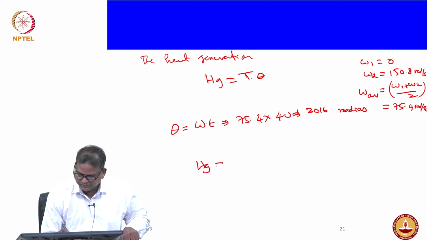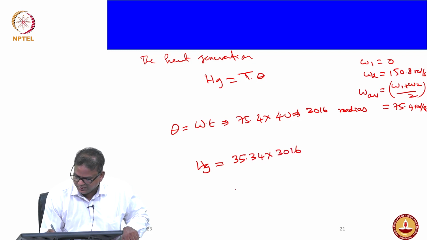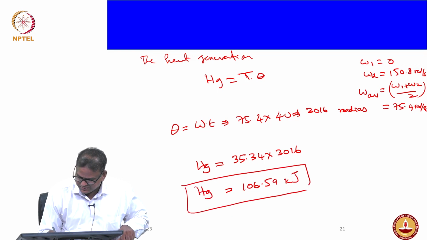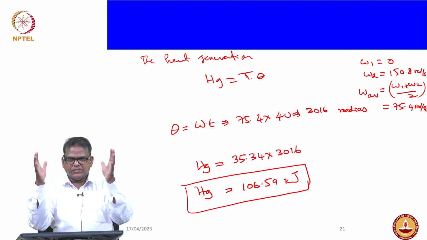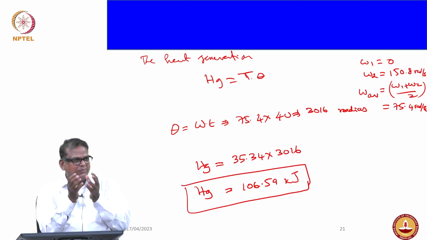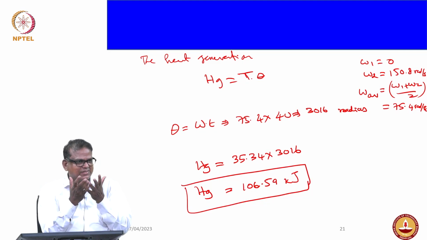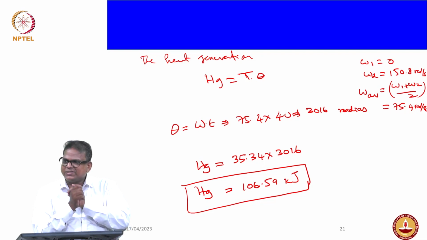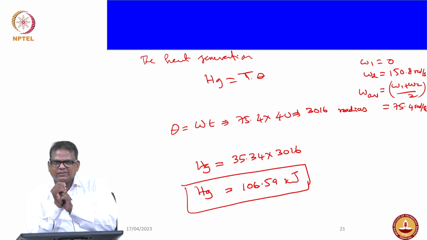If you multiply 35.34 into 3016, I should expect 106.59 kilojoule of heat generation. This is the heat generated while the clutch is engaged. Even though it takes 40 seconds, you can see how much heat is generated during the clutch operation.